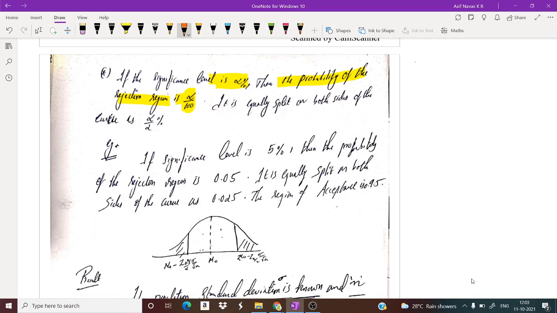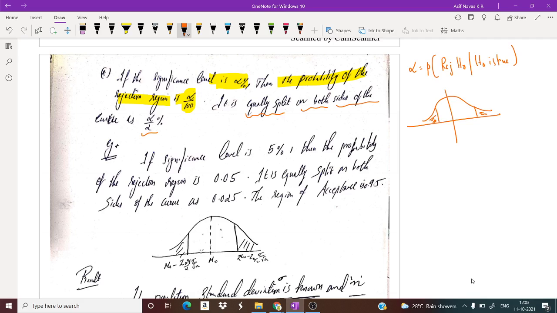That means the significance level is the probability of rejecting H naught when H naught is true. So in a two-tailed test, we will equally split on both sides, here and here.